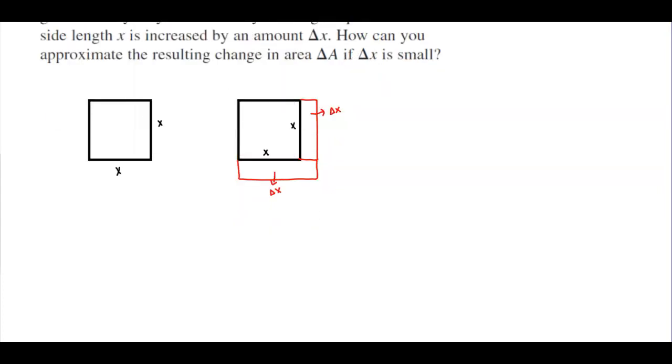Okay? So let's take a look at this. We know that A prime of x, the derivative from before, was 2x. And if we wanted to find the perimeter of this, we know the perimeter of a square is going to give us 4x.